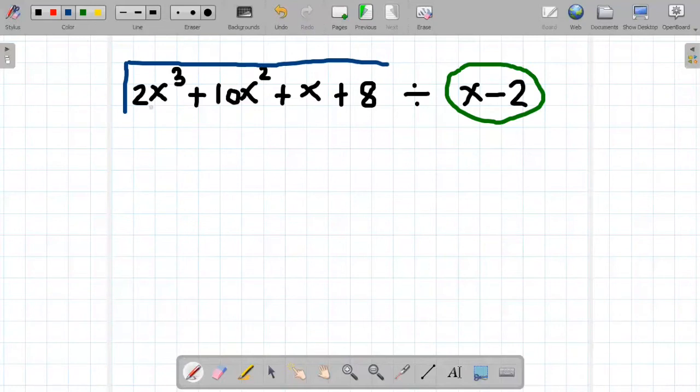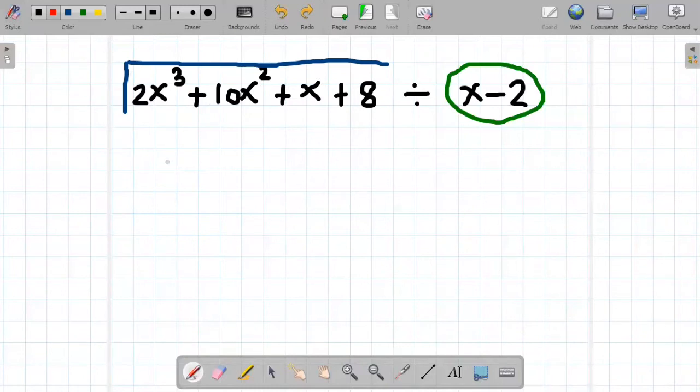We have 2x cubed, then the squared term, then the x term, and then the constant. So the exponents are already arranged in descending order. That is very important when you divide polynomials using long division and even synthetic division.